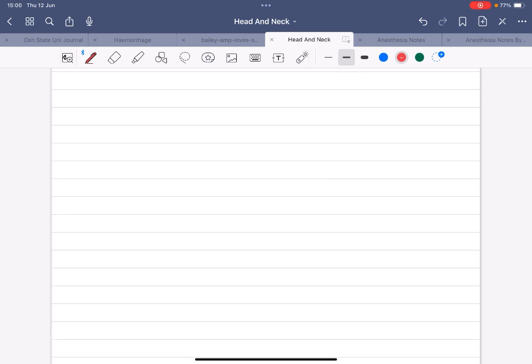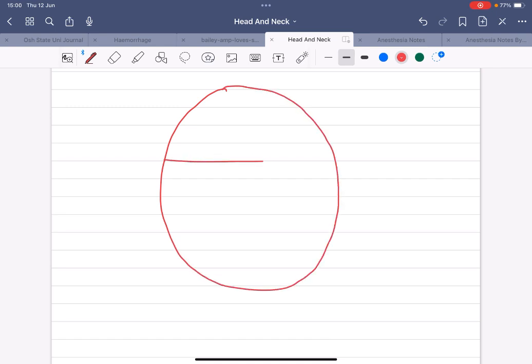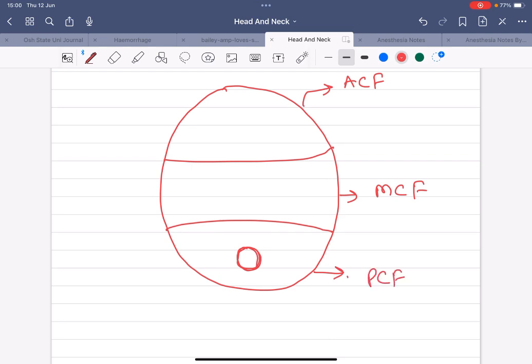If I draw the cranial fossa, this is our anterior cranial fossa, middle cranial fossa. Here you have a very large foramen magnum. So this is your posterior cranial fossa. Now very important, this is your orbit.